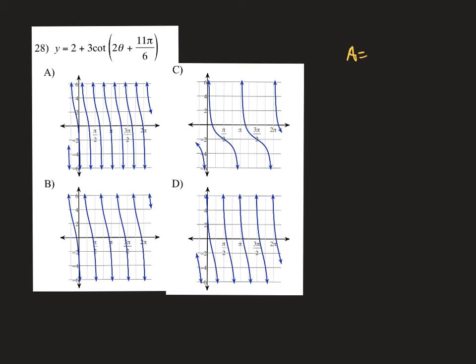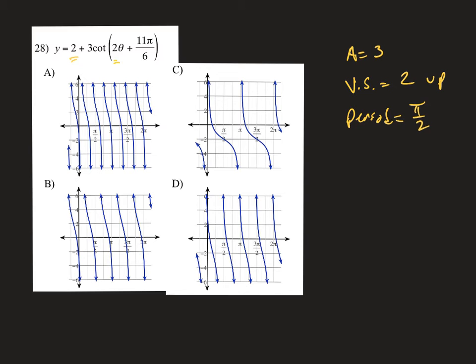Our A value is 3. The vertical shift, they stuck it out in front, but that's a 2, so that means this graph is shifted up 2 units. The K value is 2, that means the period is pi over 2.